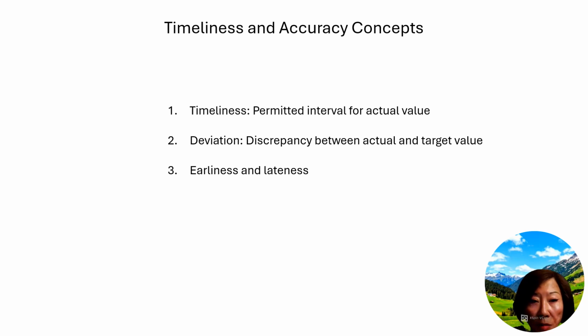Deviation in 5G is minimized through techniques like precise timing advance adjustments to account for propagation delays, and jitter buffers in the receiving devices to smooth out timing variations. The system also employs advanced clock synchronization mechanisms to maintain consistent timing across the network.